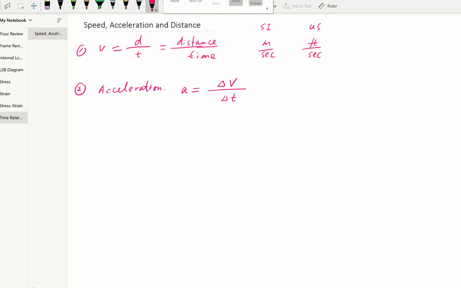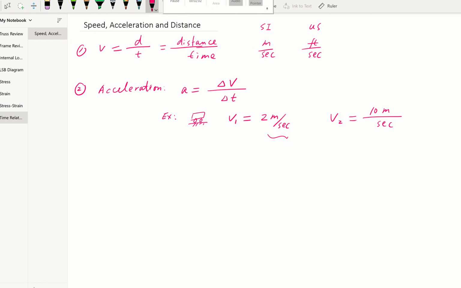Okay, so let's look at a quick example on this. Initially, this car is going V1, that's the initial speed, let's say 2 meters per second. And then it's accelerating and gets to a final speed V2 of 10 meters per second.